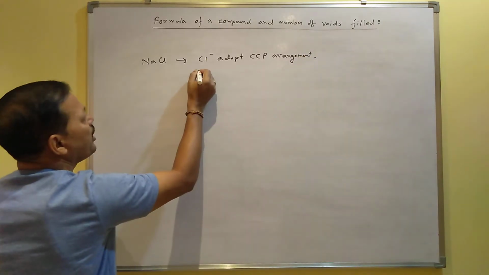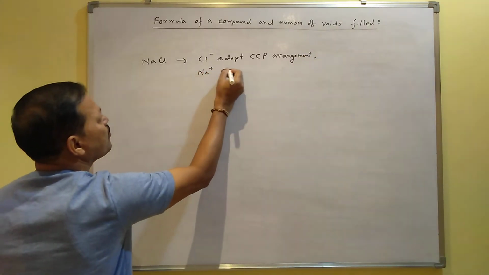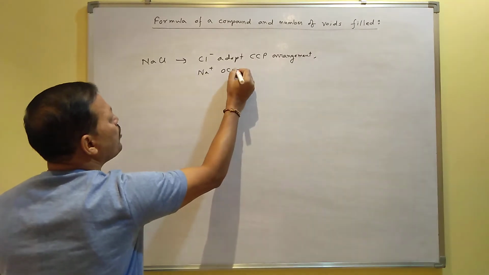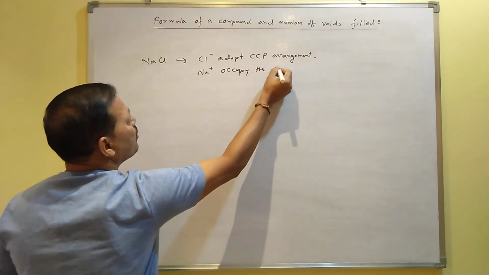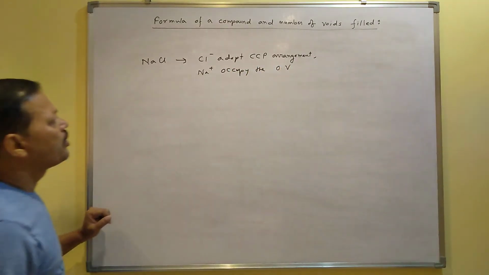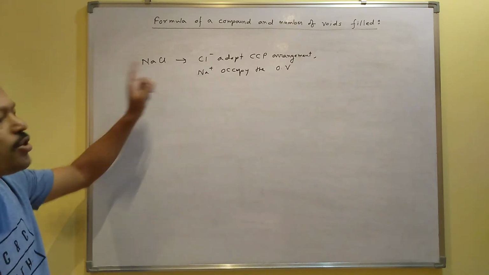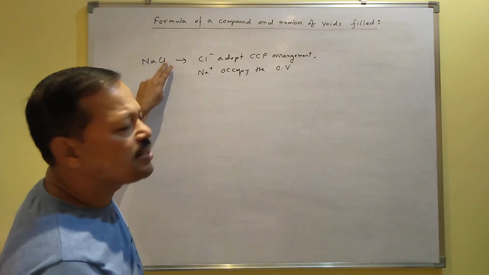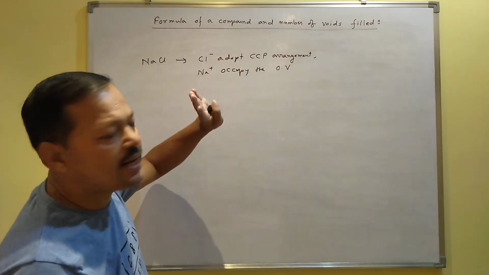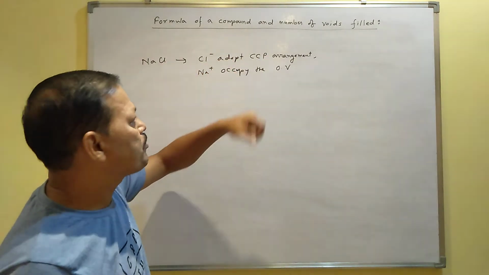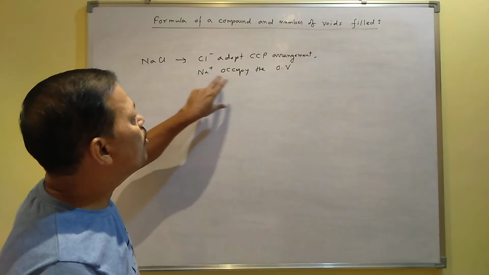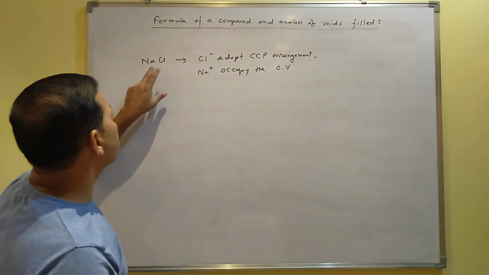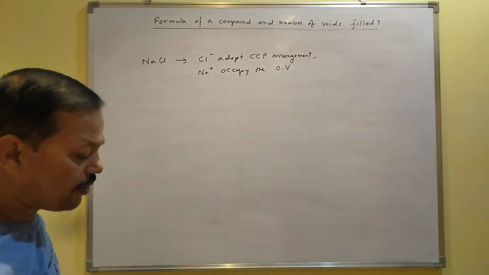CCP arrangement, and Na plus ions occupy the octahedral voids. This is the structure of sodium chloride. Cl minus ion is larger in size, that's why it will adopt the CCP arrangement, I mean like FCC, and the sodium ions will occupy all the octahedral voids because the ratio is 1:1.